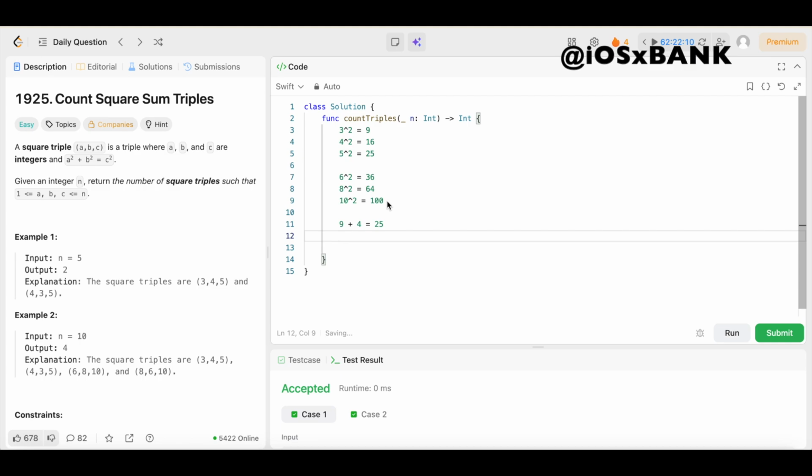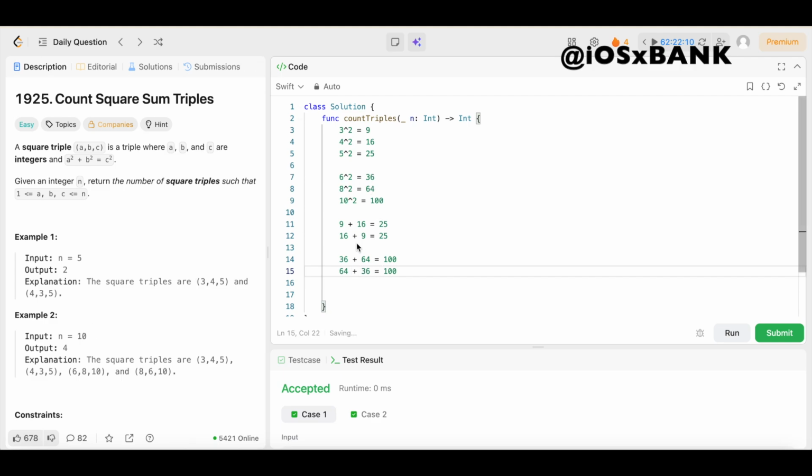Then 16 plus 9 is going to equal 25. Then once again, we'll do 36 plus 64, which is going to equal 100. And similar to this, 64 plus 36 is going to equal 100 as well.